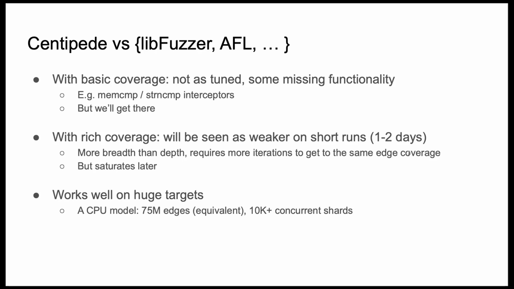You can think of toggles as a close equivalent of control flow edges, but it's an RTL source. So 75 million features that come from toggles. It's running 10,000 concurrent shards for weeks.